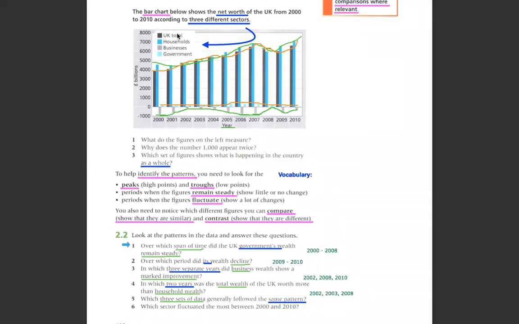Which of these three have a similar pattern? So you should be typing three of these in the chat box. Which three of these have a similar pattern? Which means they increase and fall at similar times.